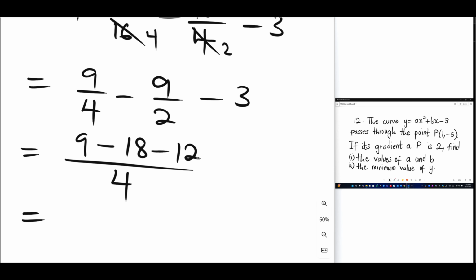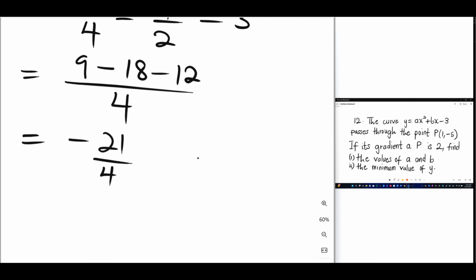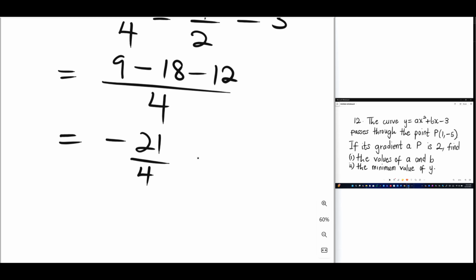Let me verify. All right. Okay, that's it. Negative 21 divided by 4, which is the same as the y. So this becomes the y value at the minimum, all right?